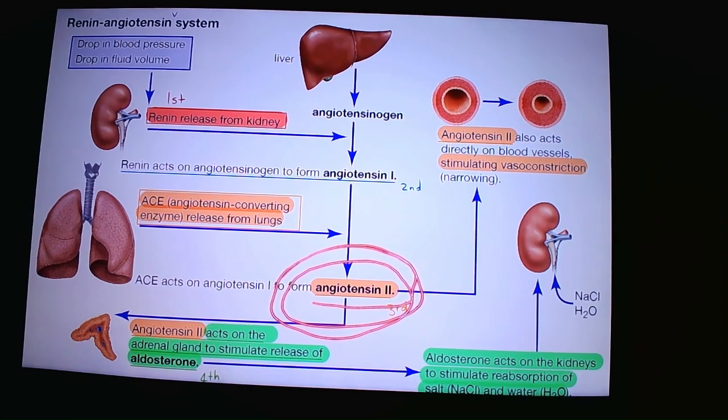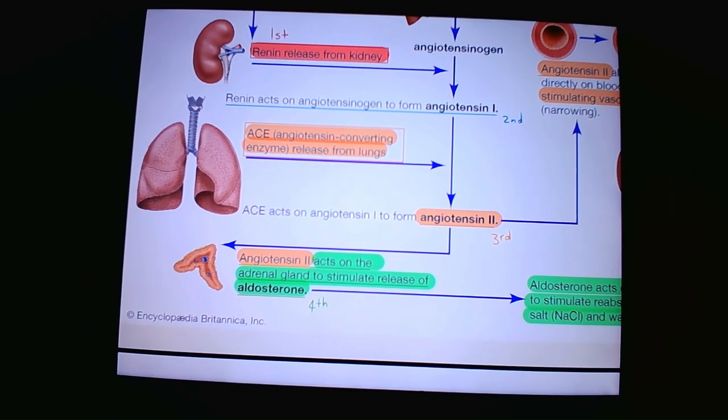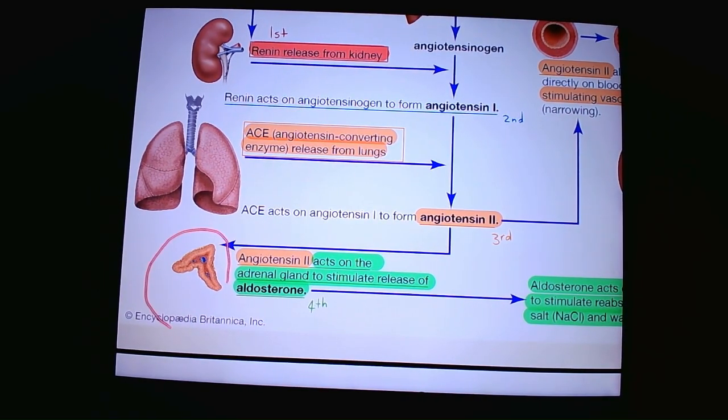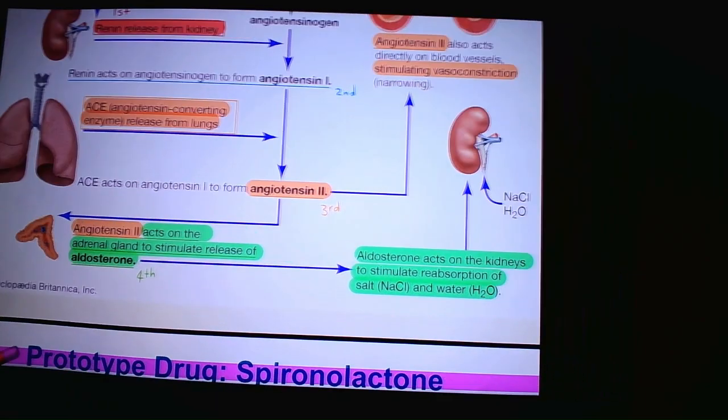This is our third step. Angiotensin 2 will create aldosterone secretion from the adrenal glands, right? From the cortex, or I'm sorry, from the medulla, if I recall right.